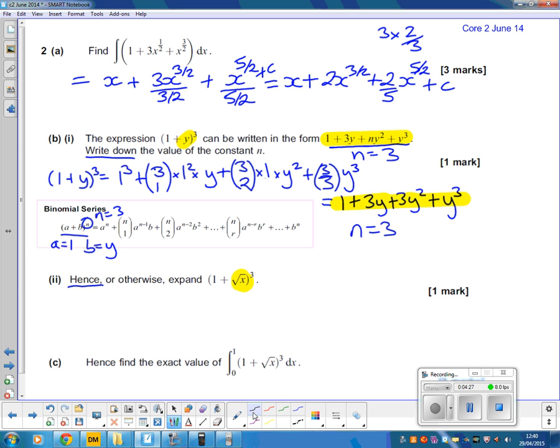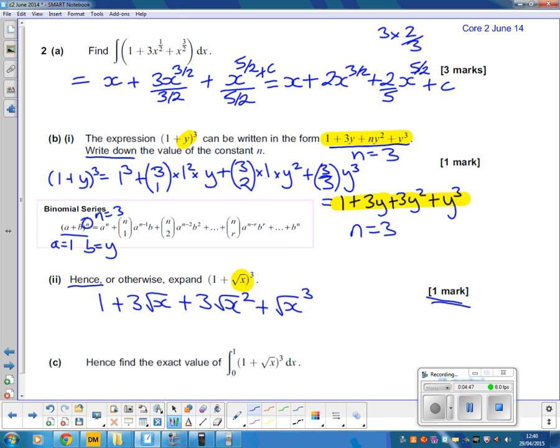So it's 1 plus 3 root x plus 3 (root x) squared plus (root x) cubed. Now in this case, that's all you need to do to get 1 mark. There's only 1 mark.